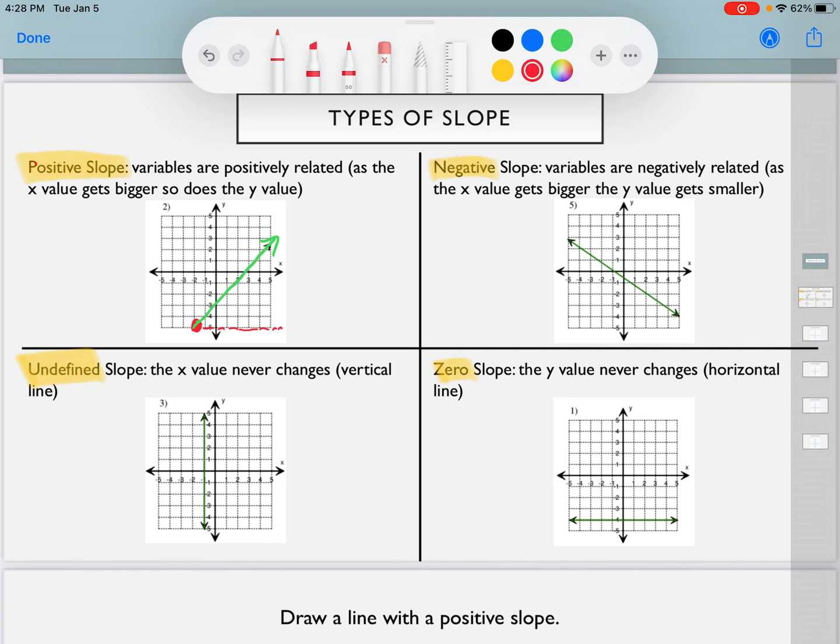So we also have our negative slope. So negative slope is the variables are negatively related. So as the x value gets bigger, the y value gets smaller. So once again, fancy words to show a relatively straightforward concept. So I put my dot on the furthest left-hand point of the line, so as far left as I can go, and then I draw a little horizontal line to the right.